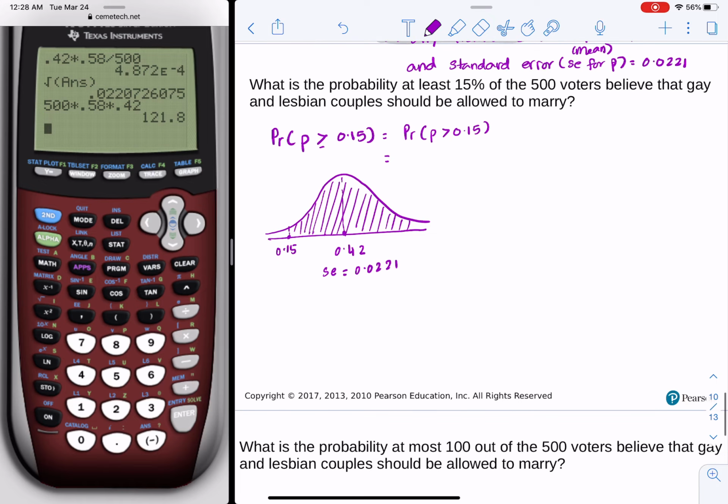So we can make use of normal CDF to find this probability.